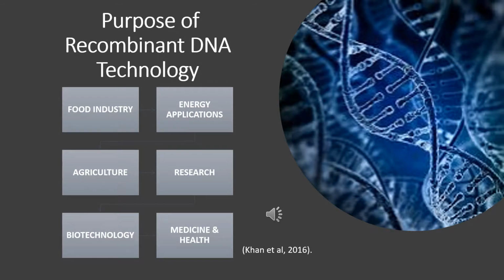So let's briefly look at the purpose of recombinant DNA technology in general. So this technology has many applications. We see it in the food industry, in the creation of enzymes and genetically modified foods for extended shelf life. Also in energy applications where the production of bioethanol and biohydrogen are used as fuel substitutes.